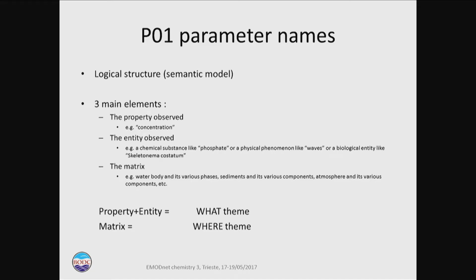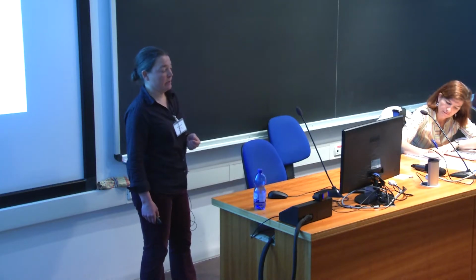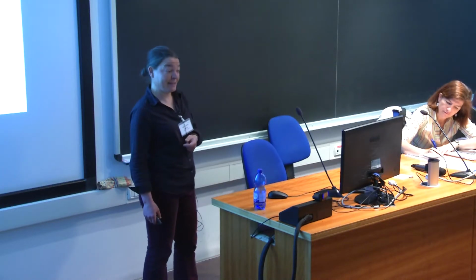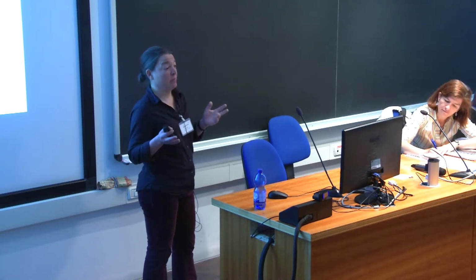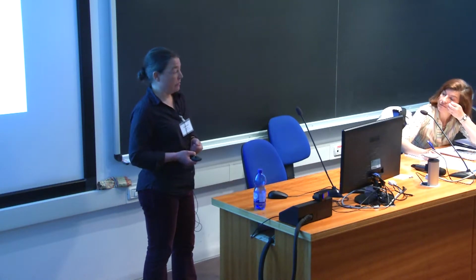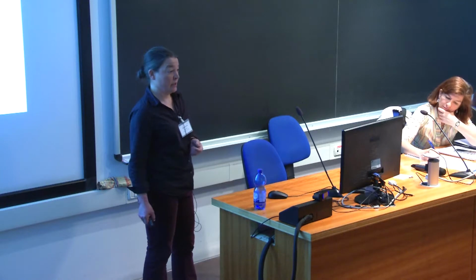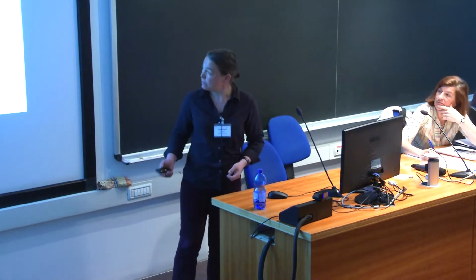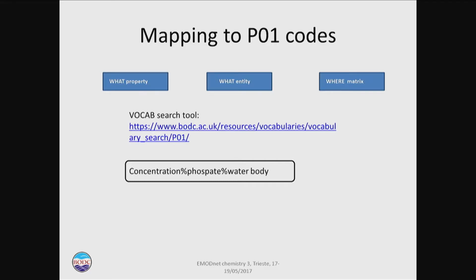So when looking for terms, keep in mind that property plus entity is the what of your measurement, and the matrix is where the measurement was made. So when mapping to P01 codes, this is just to summarize the what and the where.